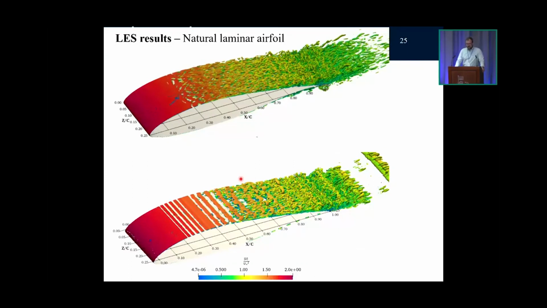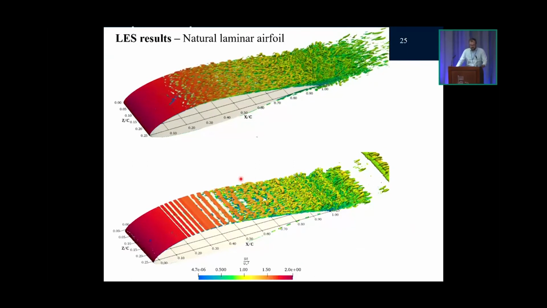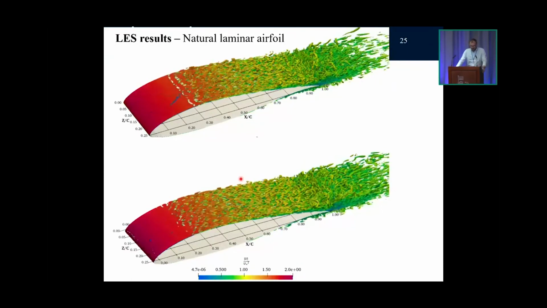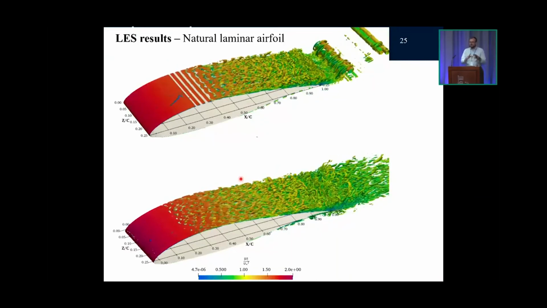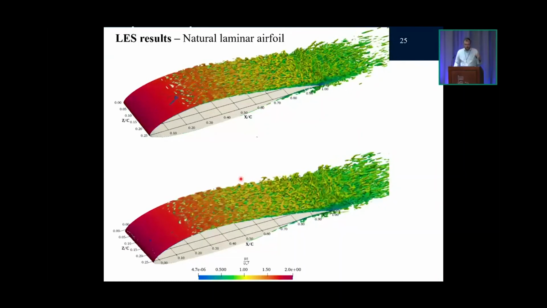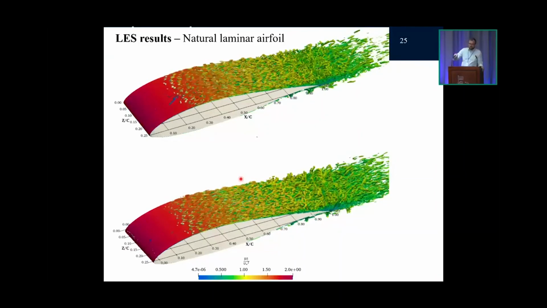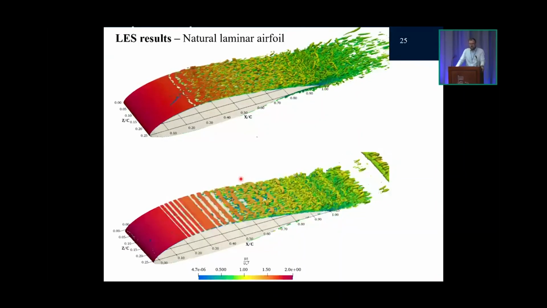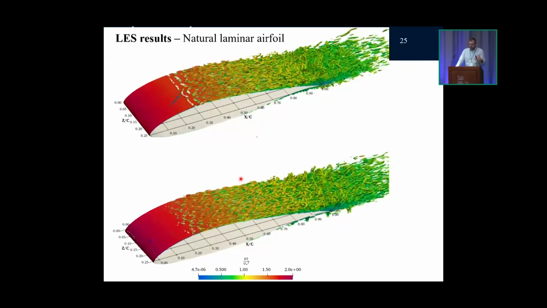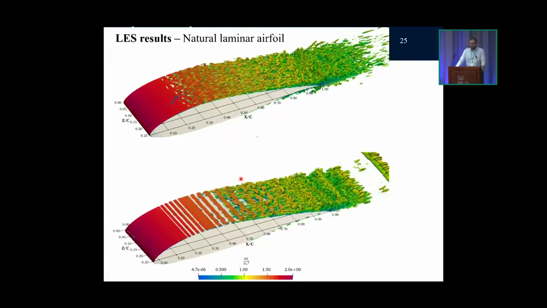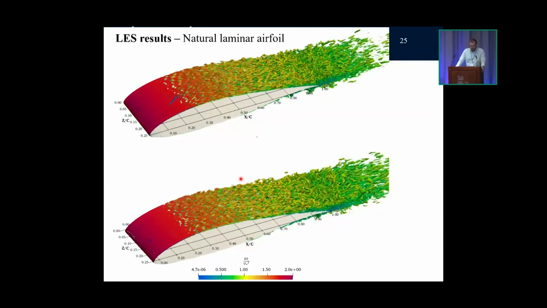Now let's focus on the other airfoil that we looked at, which is a natural laminar flow airfoil. Laminar airfoils are designed to have as much of the leading edge already be laminar. So the non-drooped case at the very top shows a delay of transition. In this case, it's the base airfoil itself. It has a relatively gradual transition process.